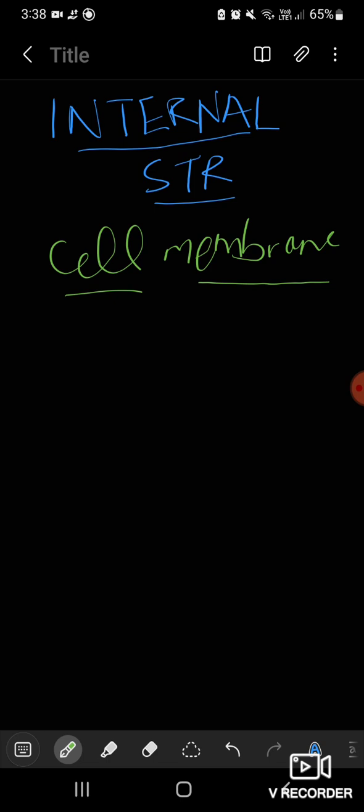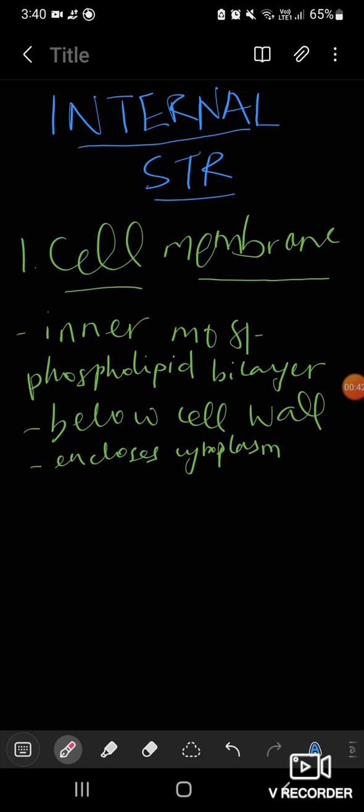First we're going to be talking about the cell membrane. The cell membrane is the innermost phospholipid bilayer that is beneath the cell wall and encloses the cytoplasm. You would have seen or studied phospholipid bilayers before, where we have the head on top and the tail inside.